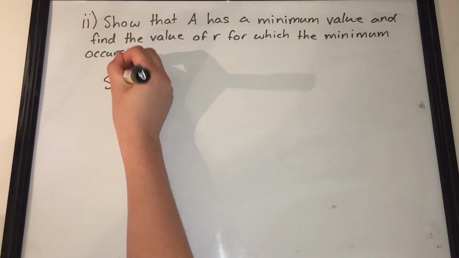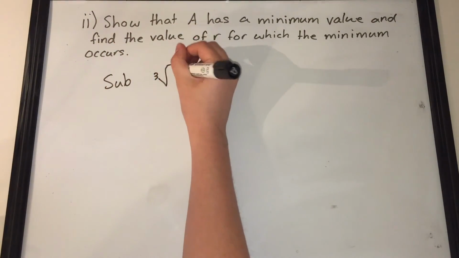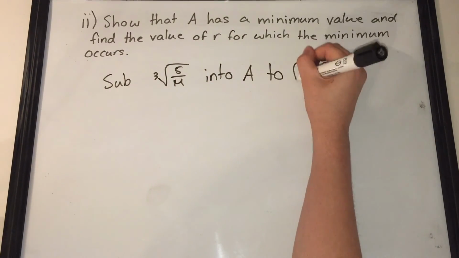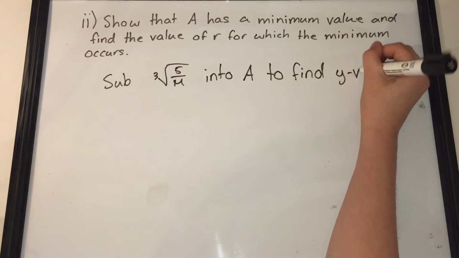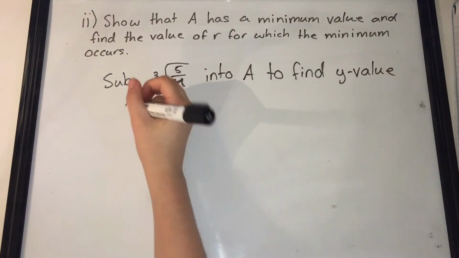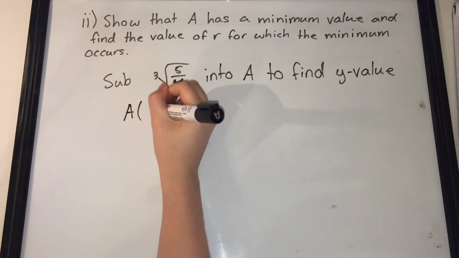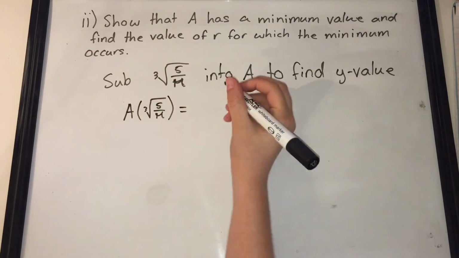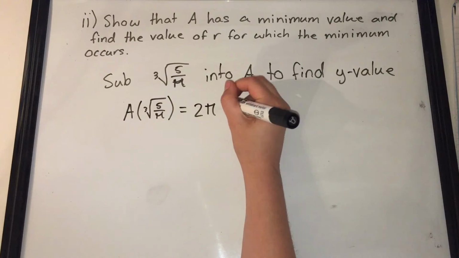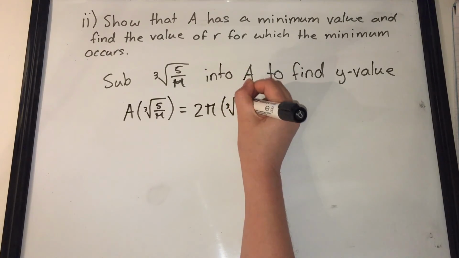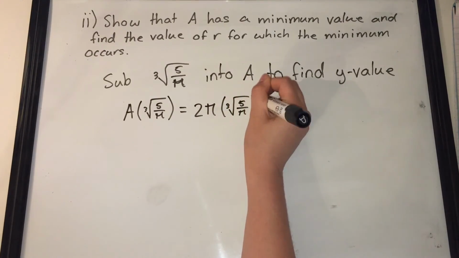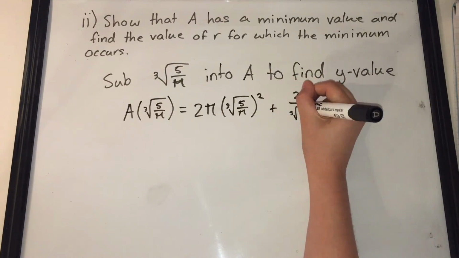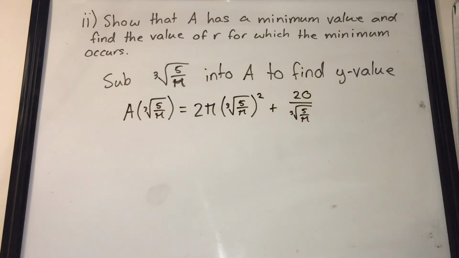Now, to find the r value, we're just going to sub the cube root of 5 over pi into A to find the y value. So this equals 2 pi in brackets cube root of 5 over pi all squared plus 20 over cube root of 5 over pi.